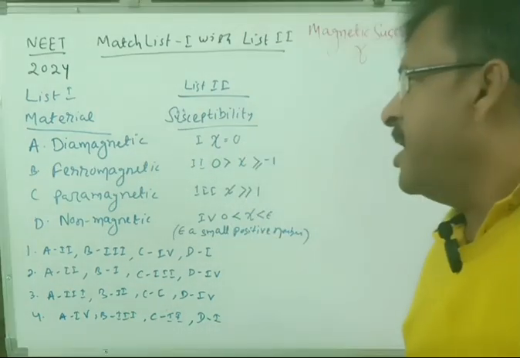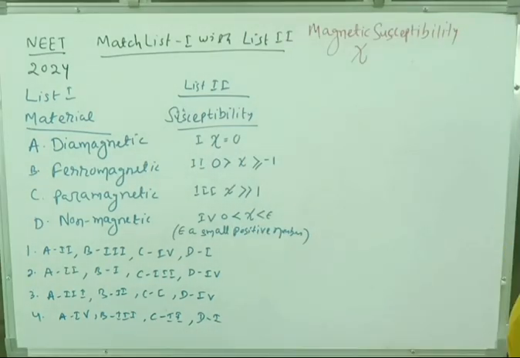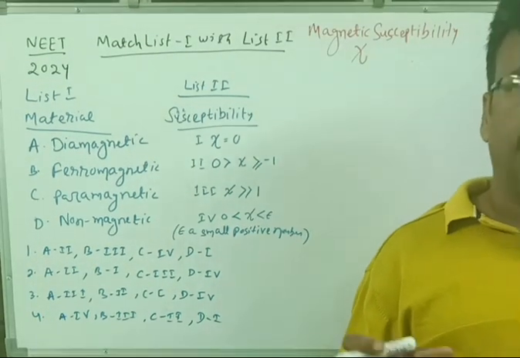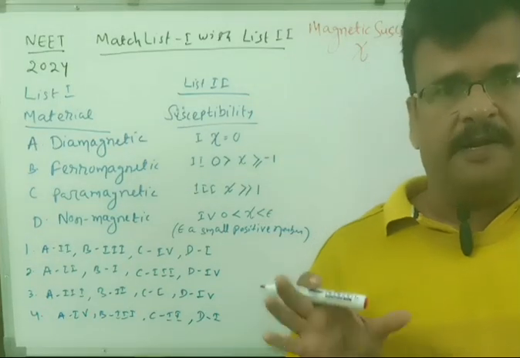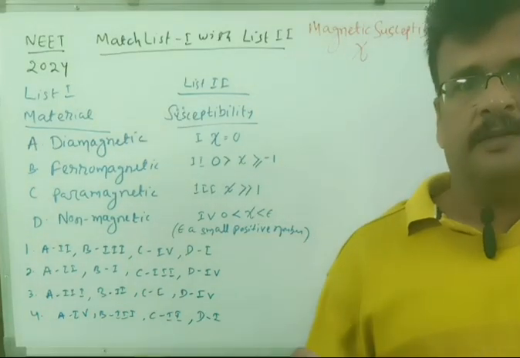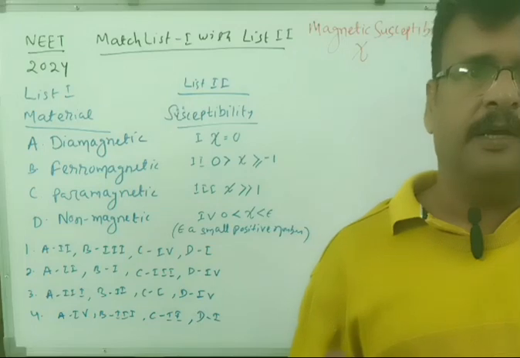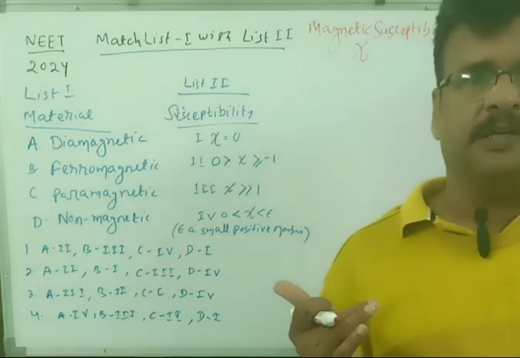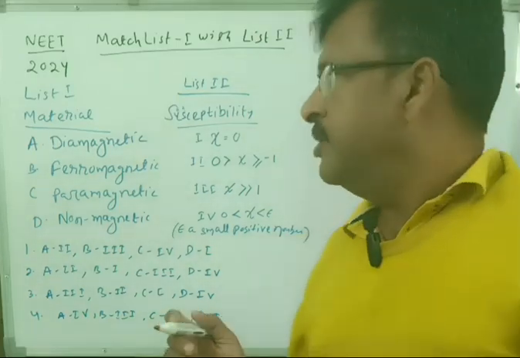This is a measure of the behavior of a material to an applied external magnetic field. How a material behaves to an applied magnetic field decides its susceptibility.